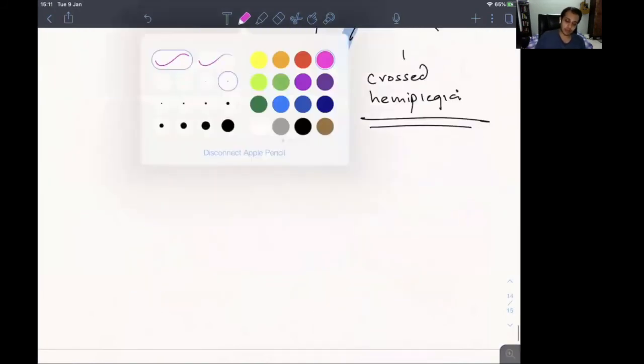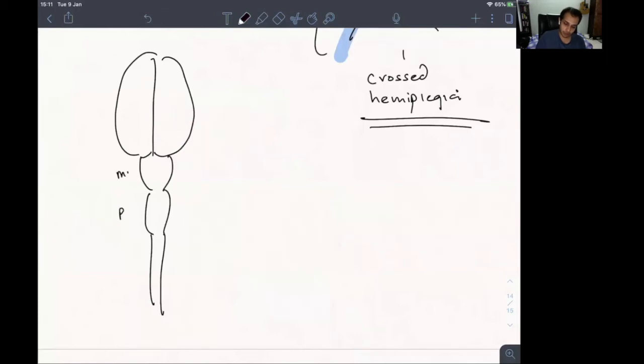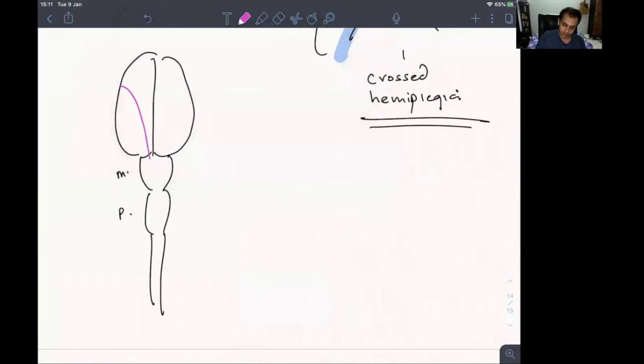Okay, I'm going to draw this again from another perspective. This is the brain and this is the midbrain and pons. And this is the pyramidal tract that is coming from here and then crossing over in the medulla and coming down. If there is a lesion here, then the weakness will be on this side.